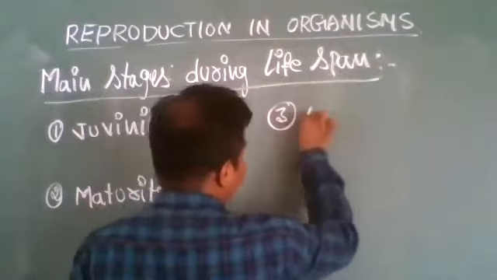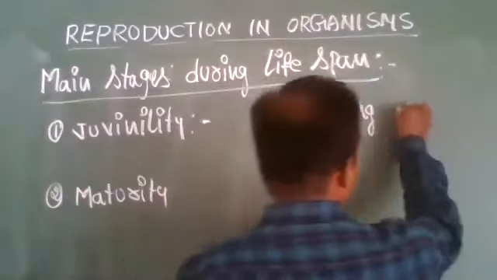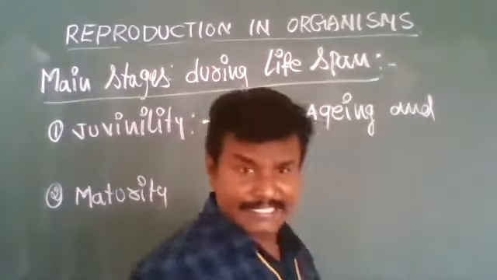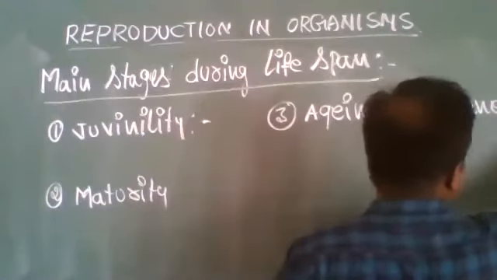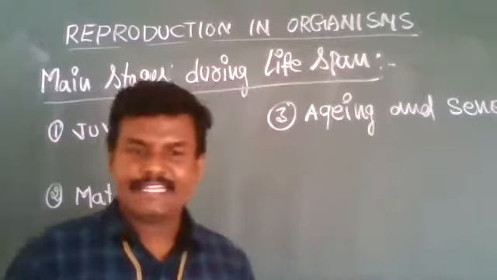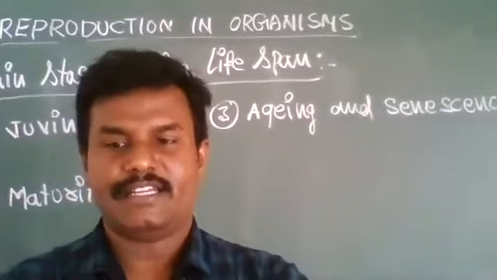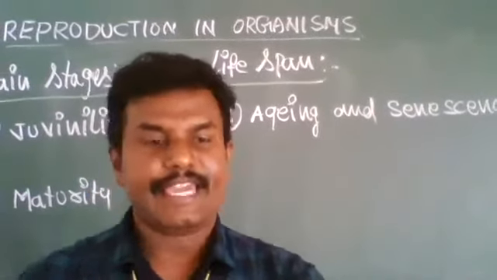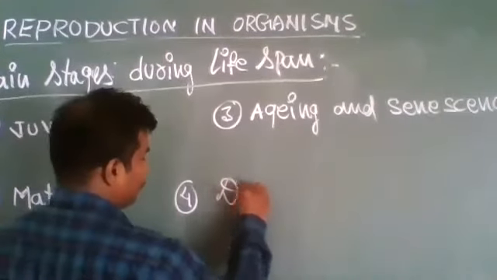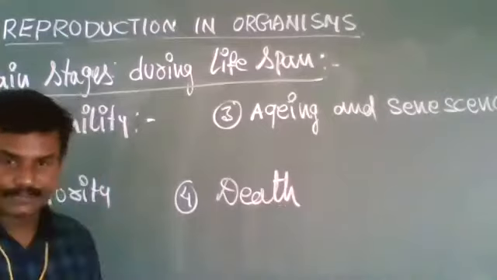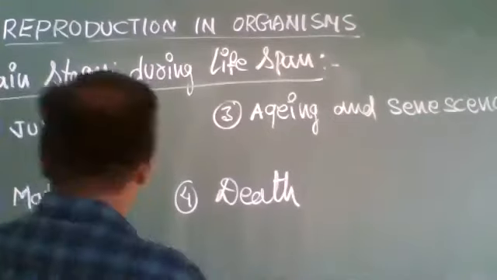Third one is aging and senescence. And the fourth one is death.